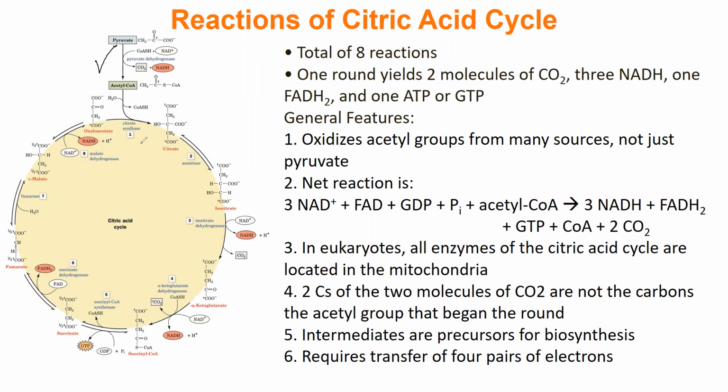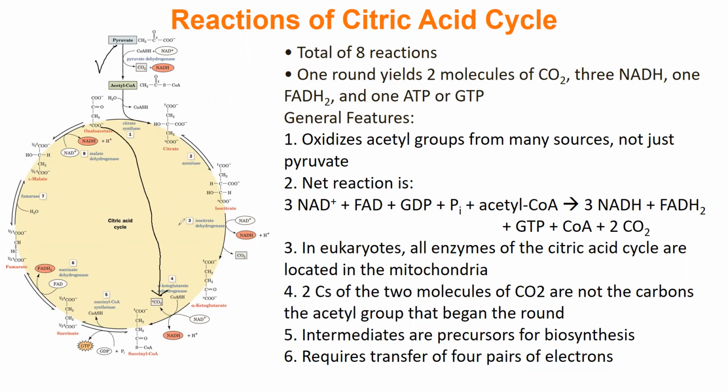We already mentioned the basics of it before, how we're making NADH, FADH2, GTP, getting rid of carbon dioxide. To note, the carbon dioxide that you lose is from oxaloacetate. It's not from acetyl-CoA. So the picture actually tries to show you that by saying this carbon starred, and you lose it here at this starred carbon dioxide.